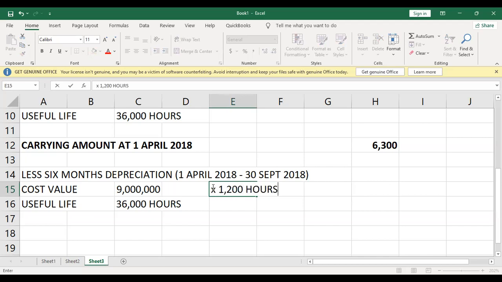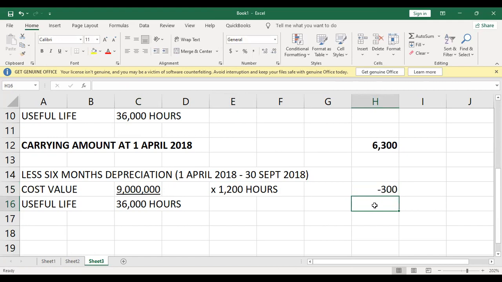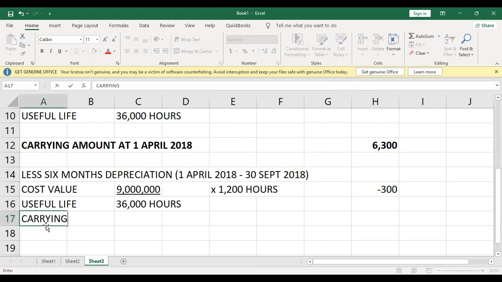So please, what do we have? 300. So deduct 300. What do we have? $6,000.